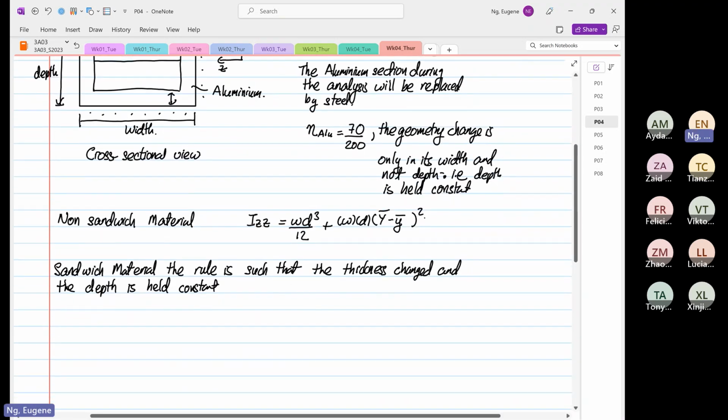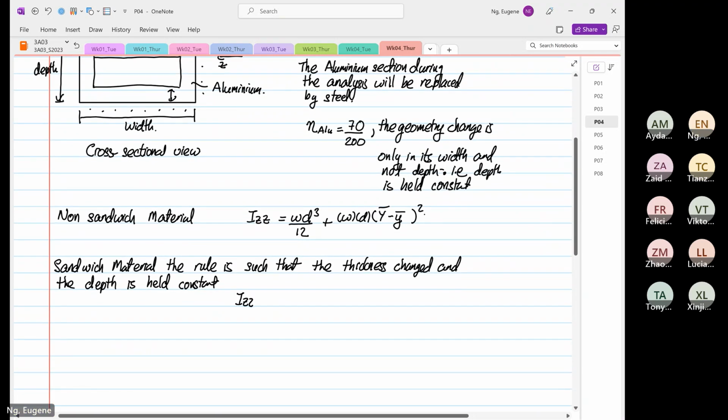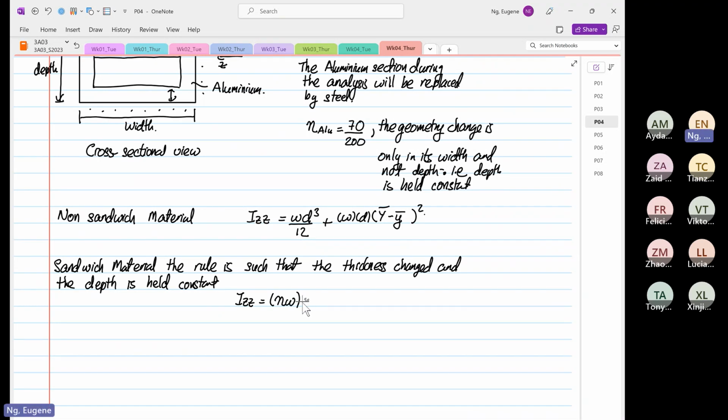So now IZZ is equal to NW, which is the width, then you have D cubed over 12. So the depth cannot change. Plus NW, the width change, multiplied by depth times y bar squared. And y bar, small y bar, is a depth function over here. So we have to be careful.